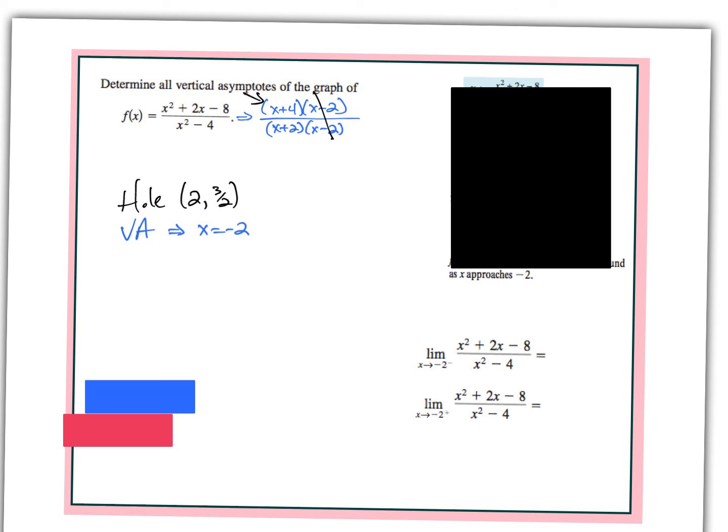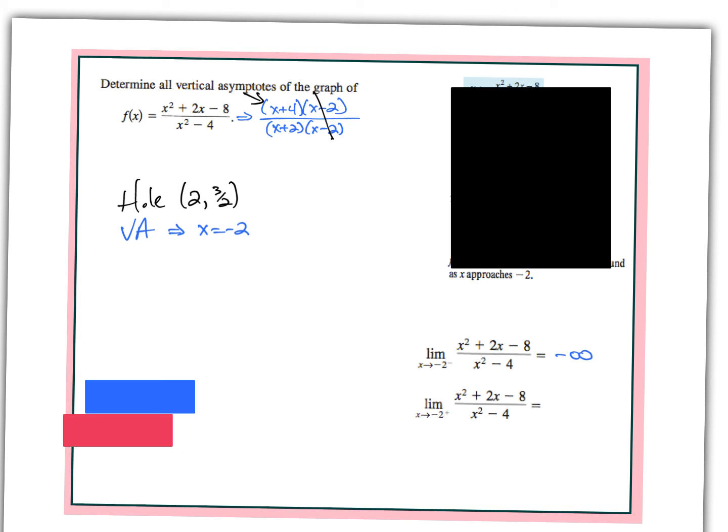So if I do -2 from the left, that's a little bit more negative. So I get a what up top? Positive or negative? Positive over a really small what? Negative. So that goes to negative infinity.